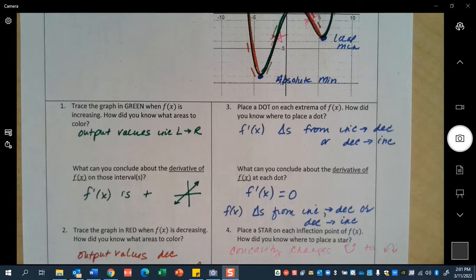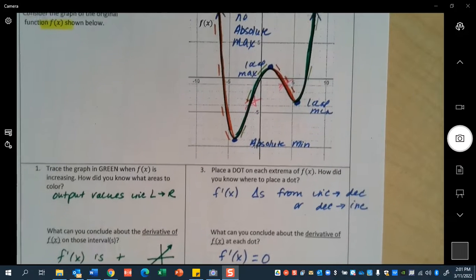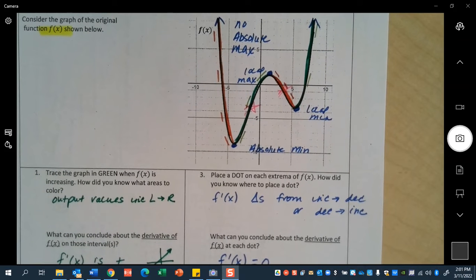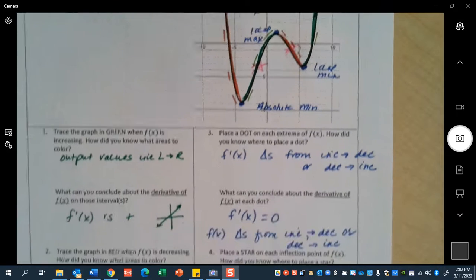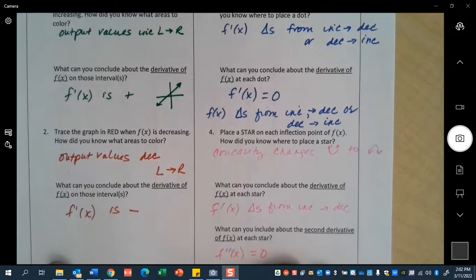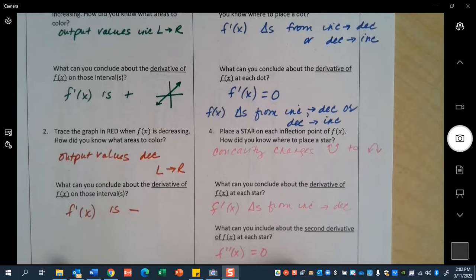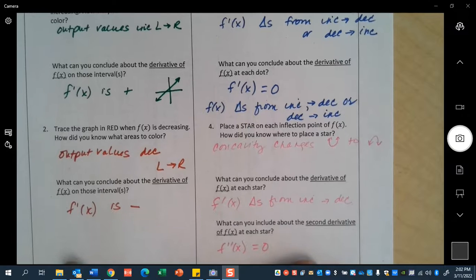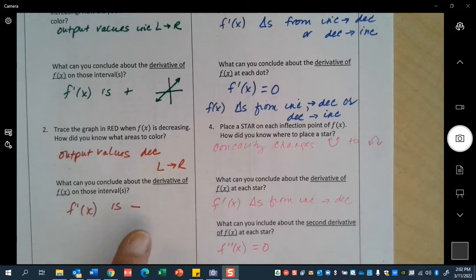When you look at where I colored in red, that's where my output values are getting smaller. I have an output value here, then here, then here, then here. My graph is decreasing because my output values are getting smaller, and that is happening because the slope of my tangent line, my f prime of x, is negative.